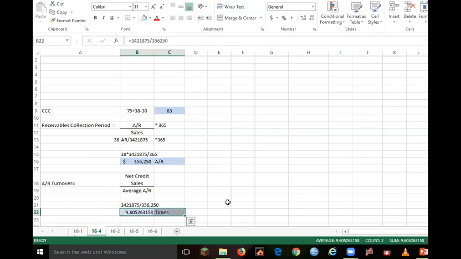They may ask inventory turnover. This is accounts receivable turnover. So what if they ask inventory turnover?